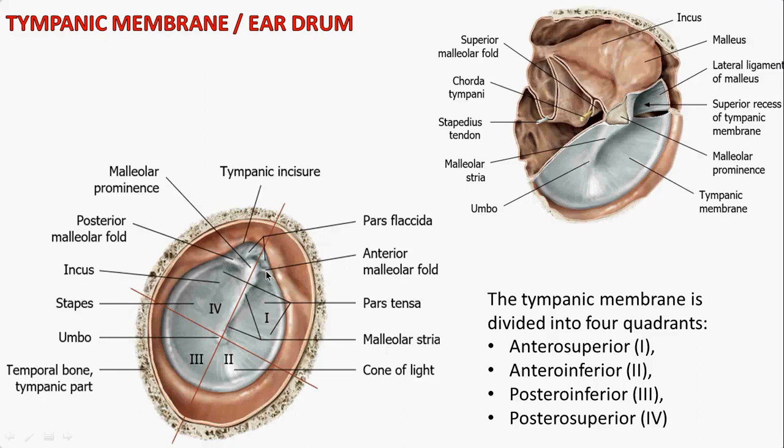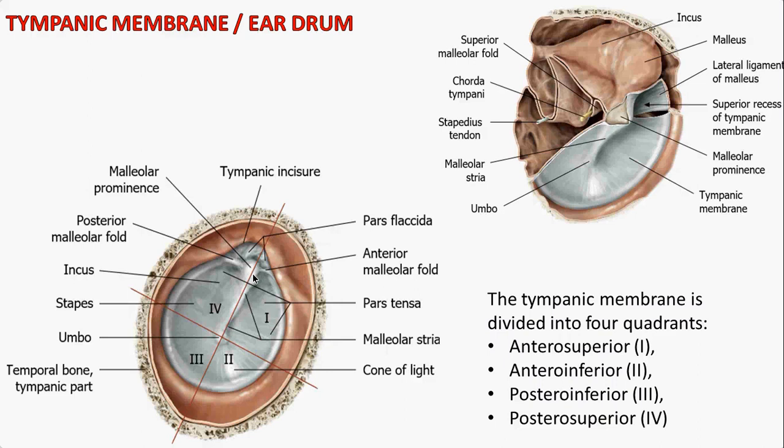This is the anterior malleolar fold, as the malleus is there, and the posterior malleolar fold. Between these two folds, this is the pars flaccida, this is the pars tensa, and this is the umbo.